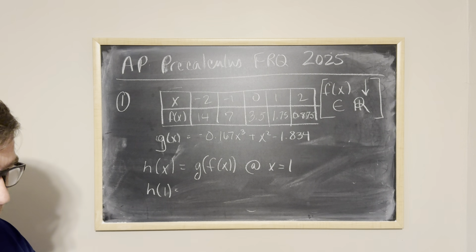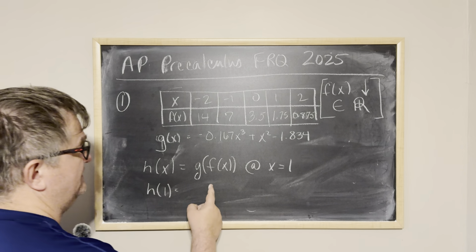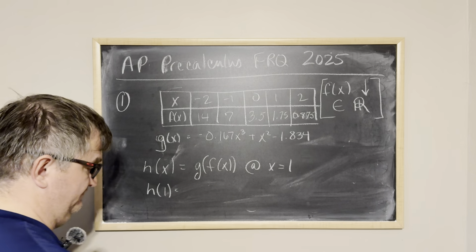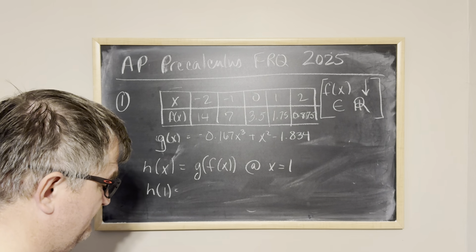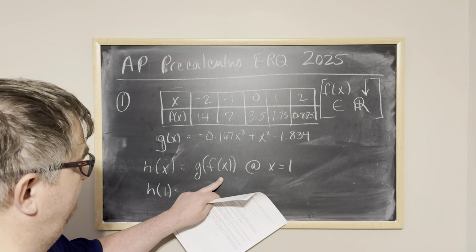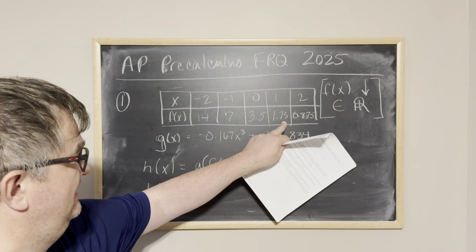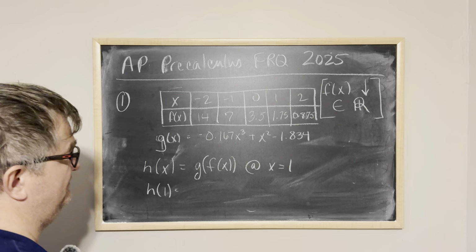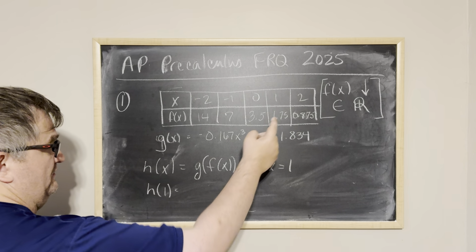And all the student has to do here is to go, okay, f of x of 1 equals 1.75. Because we can look at the chart.